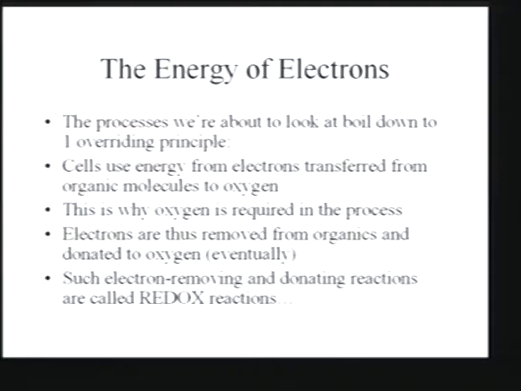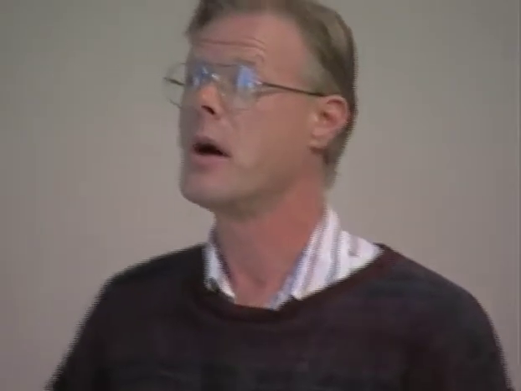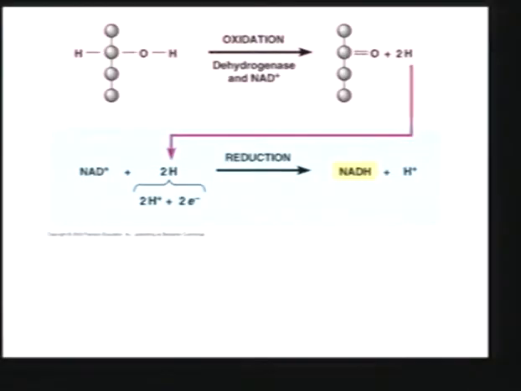So we need to take a side note and look at what oxidation reduction reactions are. Oxidation and reduction reactions usually occur in pairs. What we're looking at here is a 4-carbon molecule with, on the second carbon, a hydrogen and a hydroxyl.